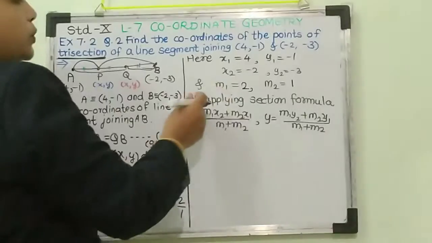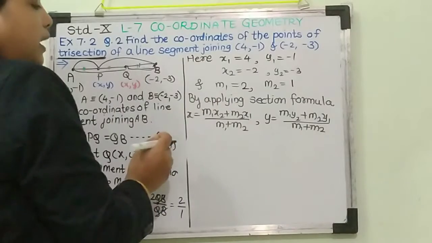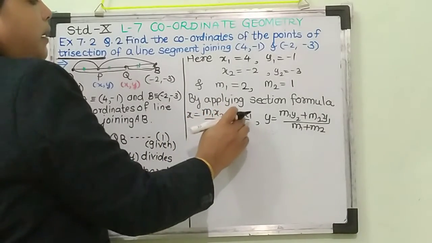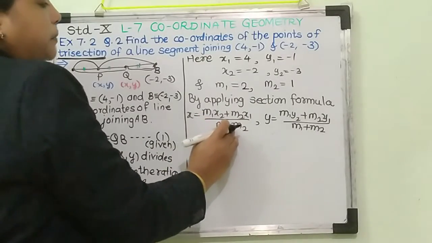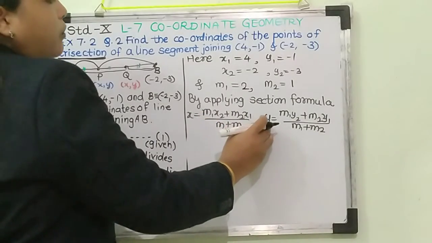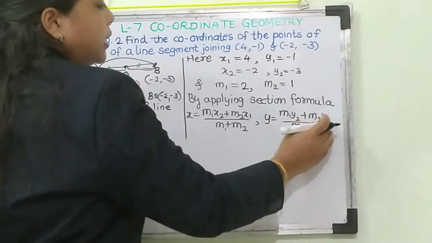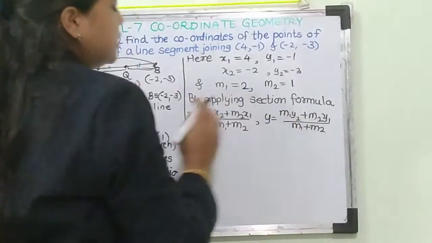Now again we are going to apply the section formula. X equals to m1 x2 plus m2 x1 upon m1 plus m2, and y equals to m1 y2 plus m2 y1 upon m1 plus m2.